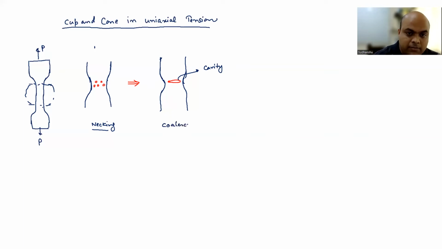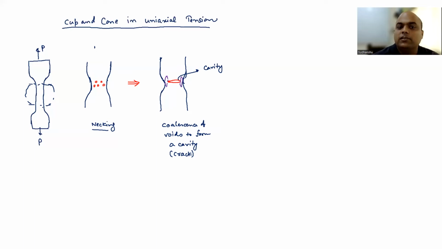So coalescence of voids to form a cavity or say a crack. Now if you see what is happening here, you are now left with a very thin region. That is point one.